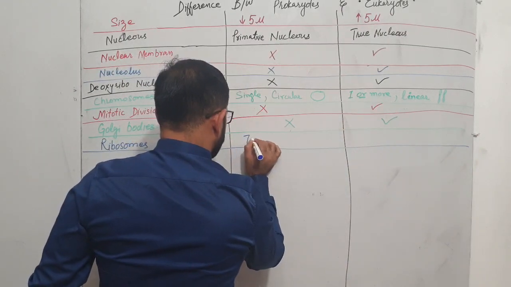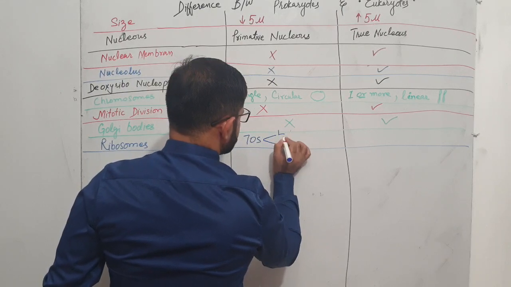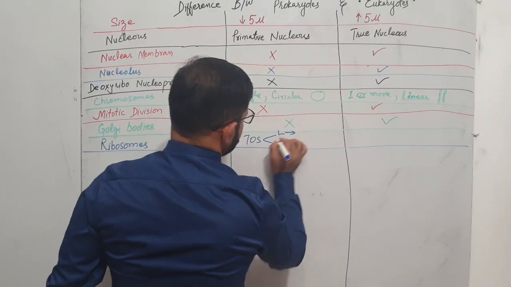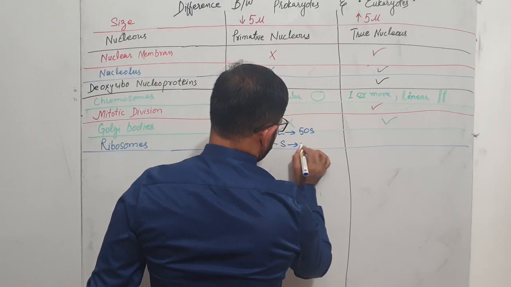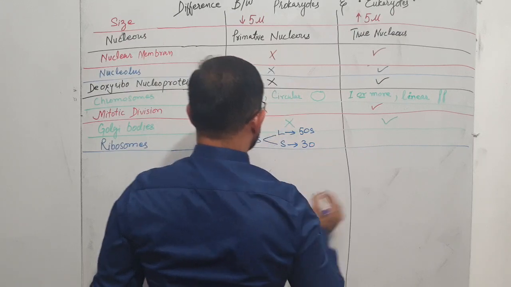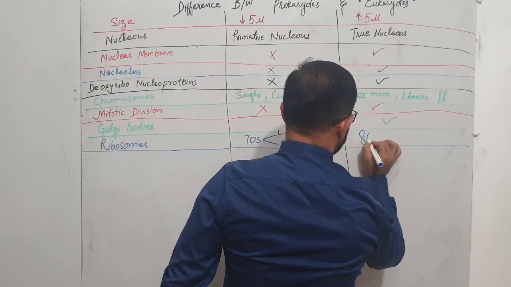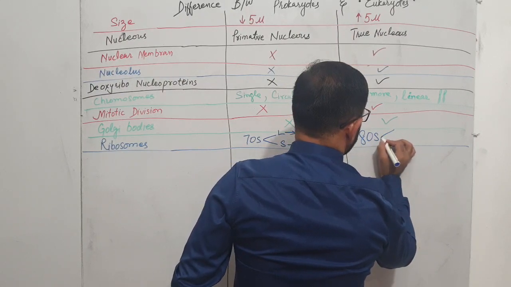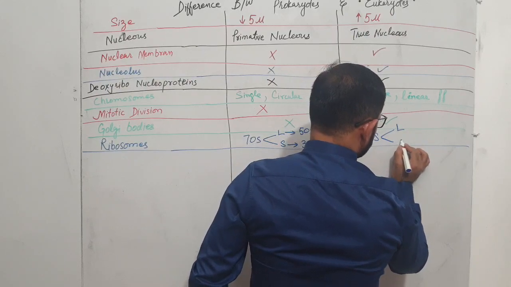The ribosome present in the prokaryotes is the 70S type of ribosome, and they have a larger subunit and a smaller subunit. The larger subunit consists of 50S and the smaller subunit consists of 30S, while the ribosome present in the eukaryotic cell is 80S, and it consists of two subunits, a larger subunit and a smaller subunit.